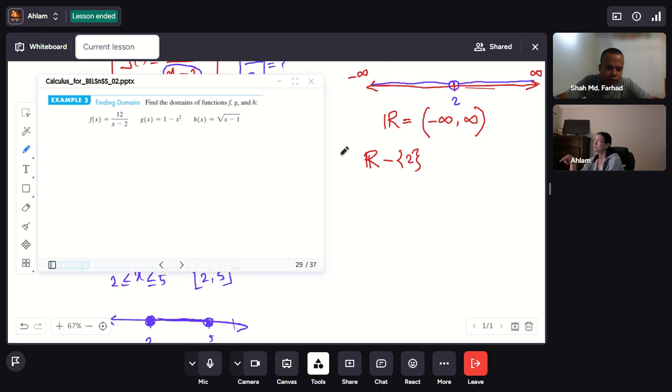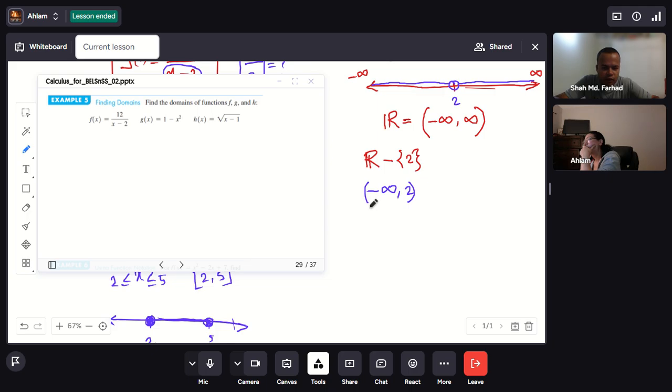We have to put a union. So we have two sets. The first is negative infinity to 2. Is 2 included or excluded? Excluded, so we use the first bracket.